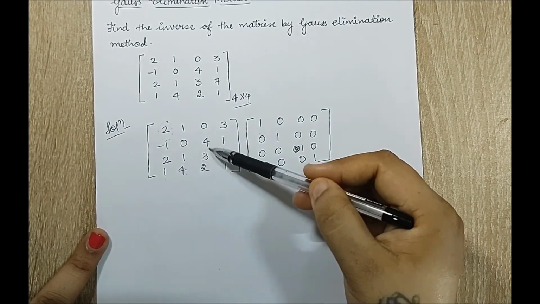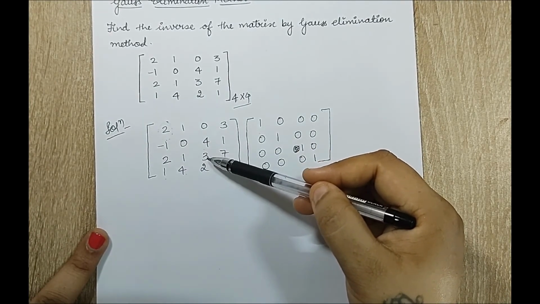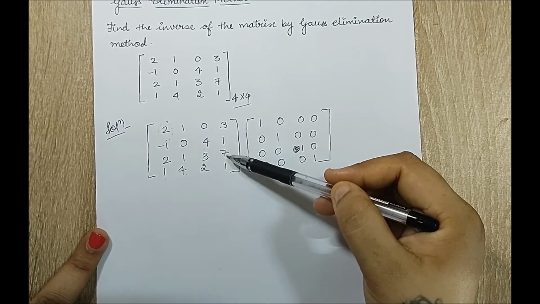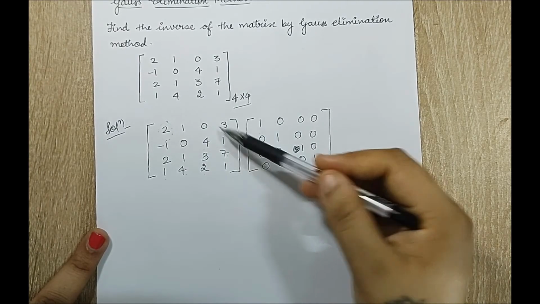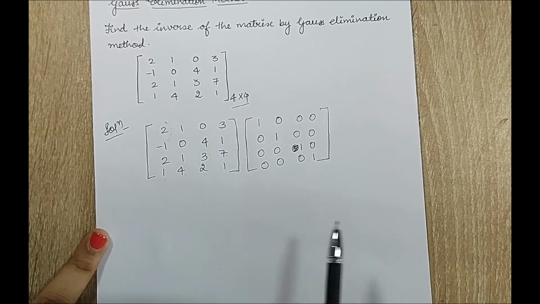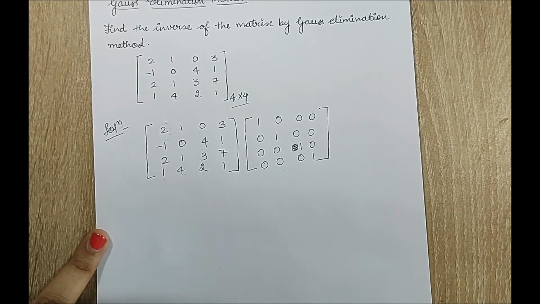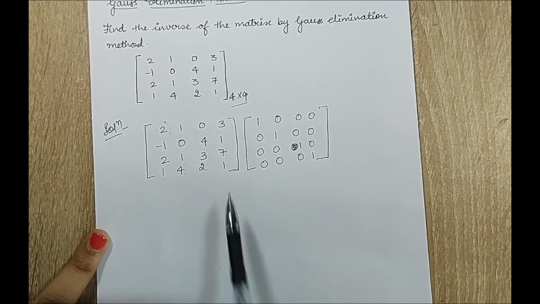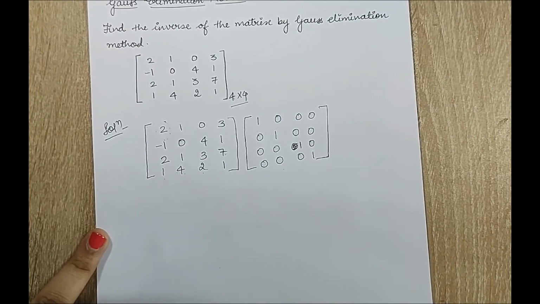Then this third position should be made 1, these elements 0, and finally this element should be made 1 and these elements 0. This is how I should be converting the given matrix into a unit matrix, and the unit matrix will ultimately undergo the same operations which this matrix is undergoing, and it will form a different matrix altogether.